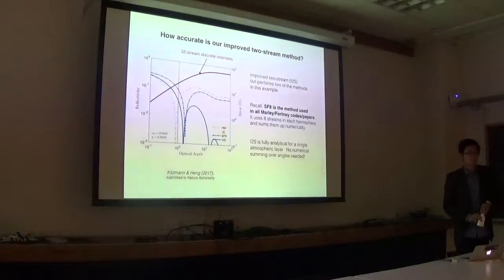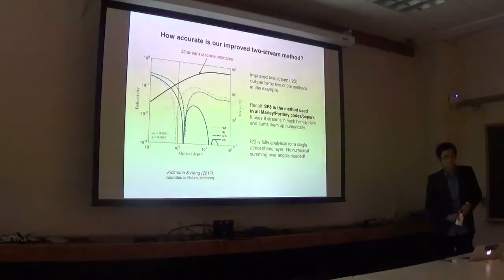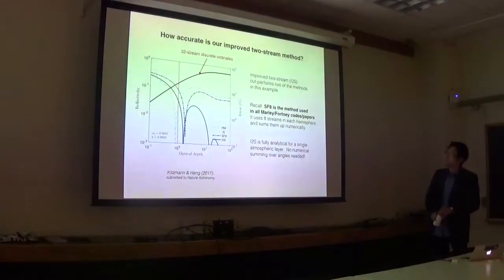I don't. And yet, when you're sampling it with 16 locations, or that dotted curve, you're doing worse compared to the first moment of the scattering kernel. You're talking about the SF8?